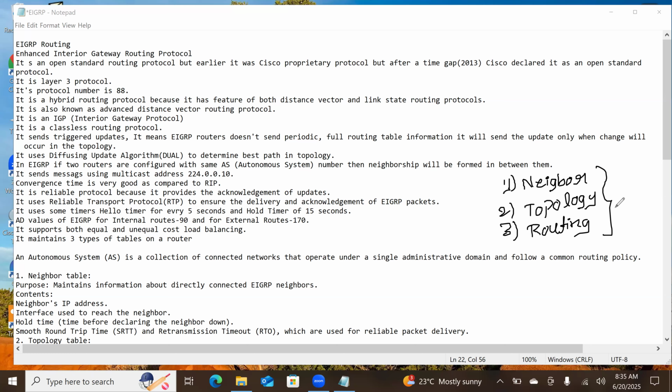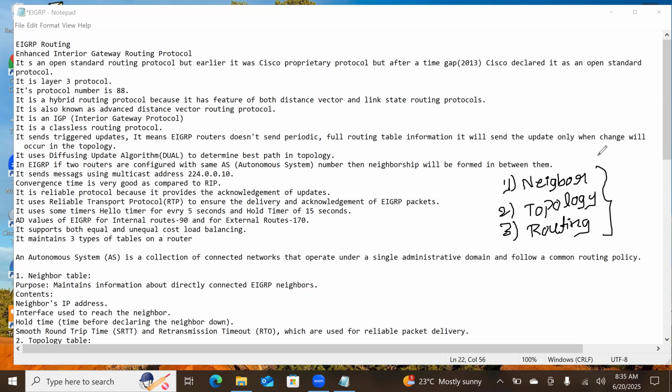Both maintain them, both meaning OSPF and EIGRP. What you are seeing in OSPF also maintains the same 3 tables. So what is the neighbor table according to you? The routes which are directly connected to the router will be maintained in the neighbor table.